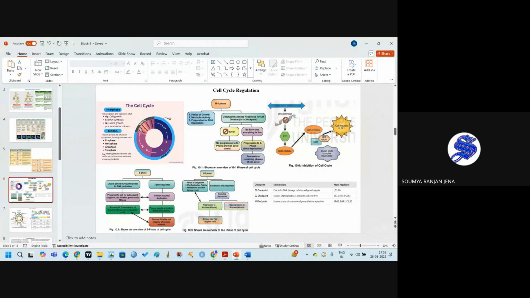All the enzymes or all the proteins are synthesized in this G2 phase because it will go to the mitosis process or division. And in G2 phase, the cell also undergoes growth after the DNA replication, and it will also check the DNA replication fidelity.